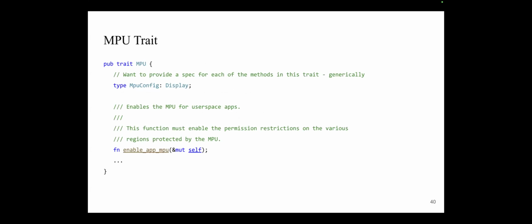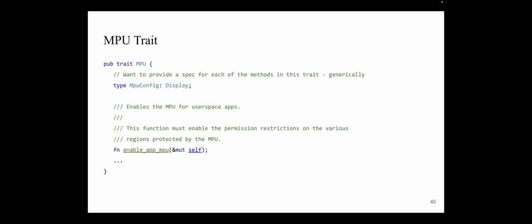Again, it's generic on this associated type MPU config, and this is going to be specific to the architecture that I'm implementing this trait for. Then it's going to have a whole bunch of methods, such as enable app MPU, which enables the MPU for user space apps. Now, from a verification perspective, what we want to do is provide a specification for each of the methods in this trait generically.